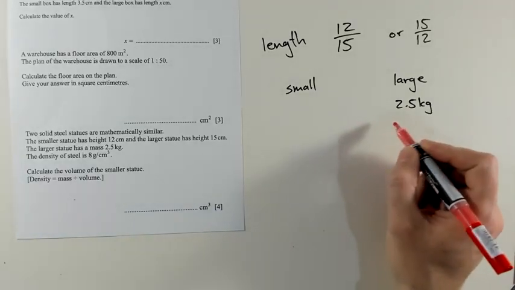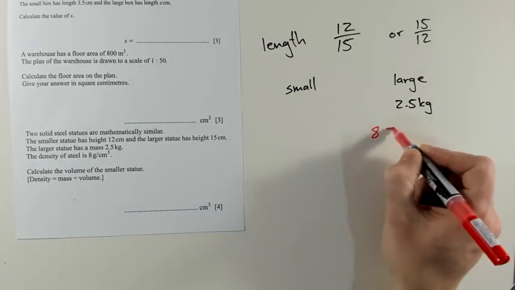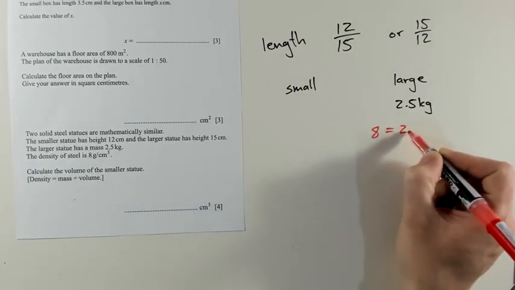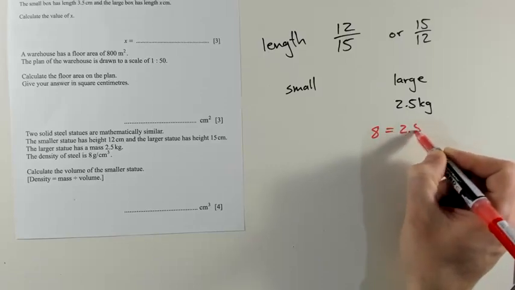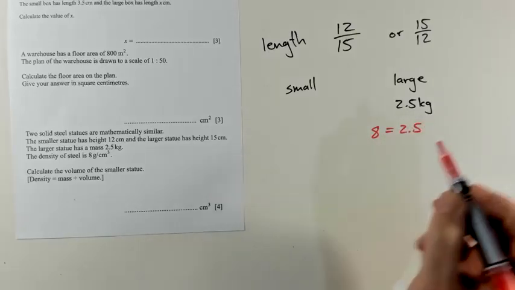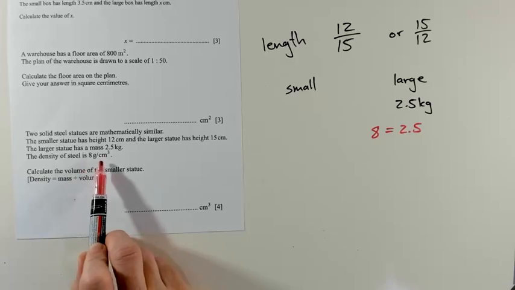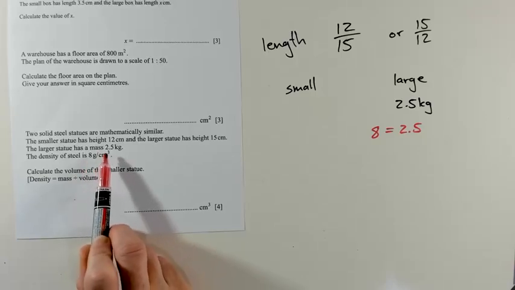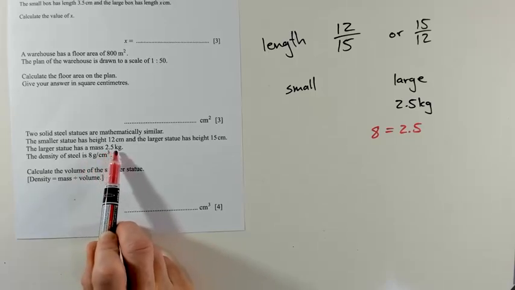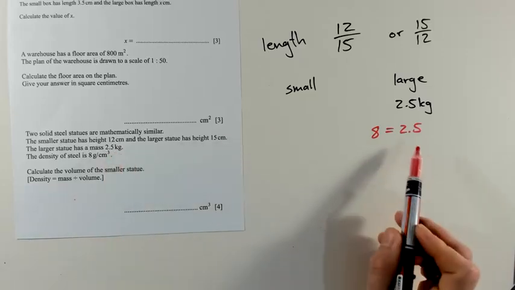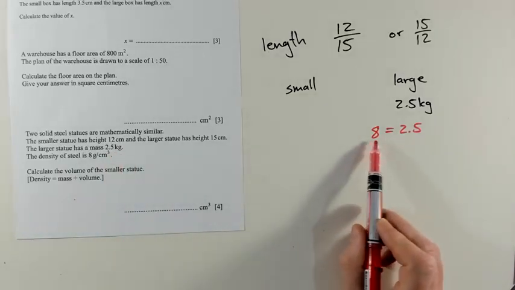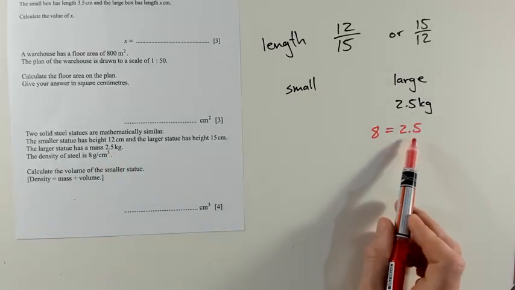So the density is 8 and the mass is 2.5, but this is a little bit of an issue because you see this is 8 grams per cubic centimeter, and there we have 2.5 kilograms. So I can't use this 8 and then 2.5 kilograms. I'll have to use grams.